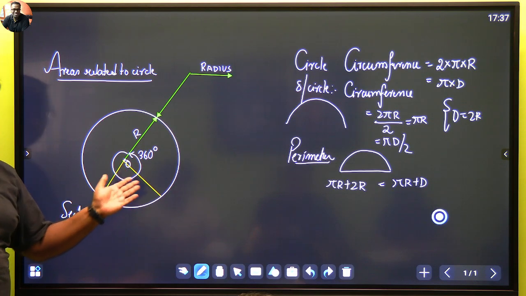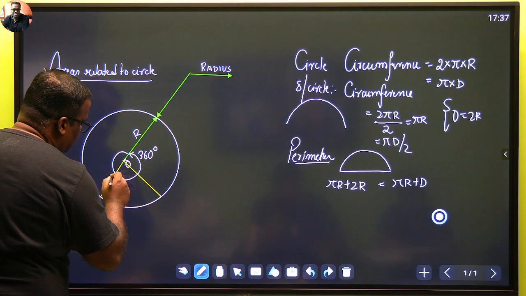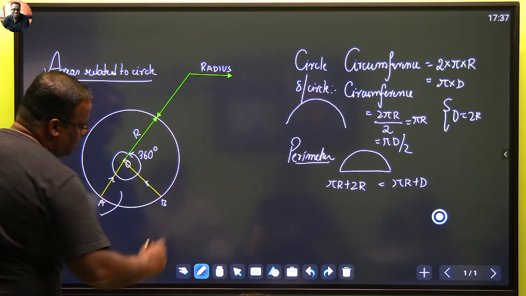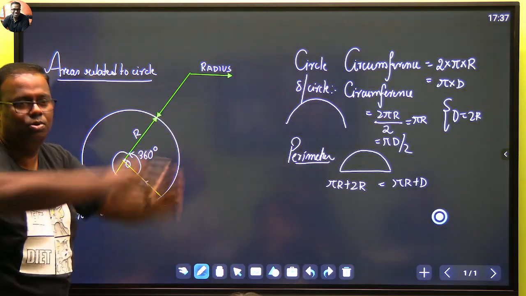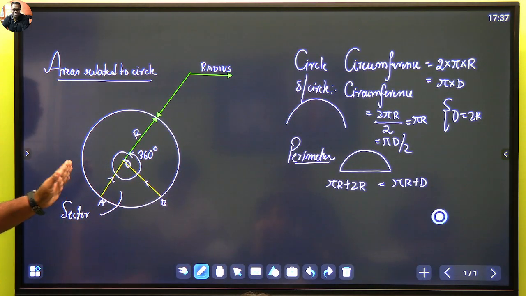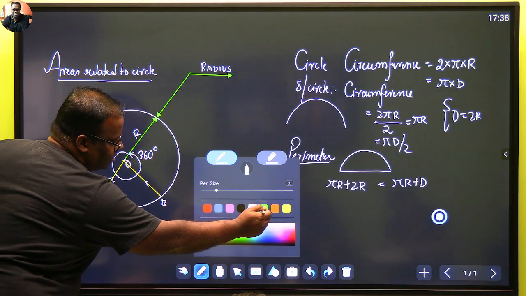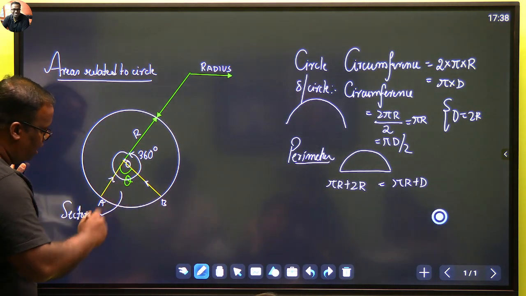Minor sector, major sector. And when we said, what do you mean by the word subtends? Whenever you say subtends, you look at the arc AB, and take both ends of the arc and make them meet at the center. So I would say that theta is the angle subtended by the arc AB.